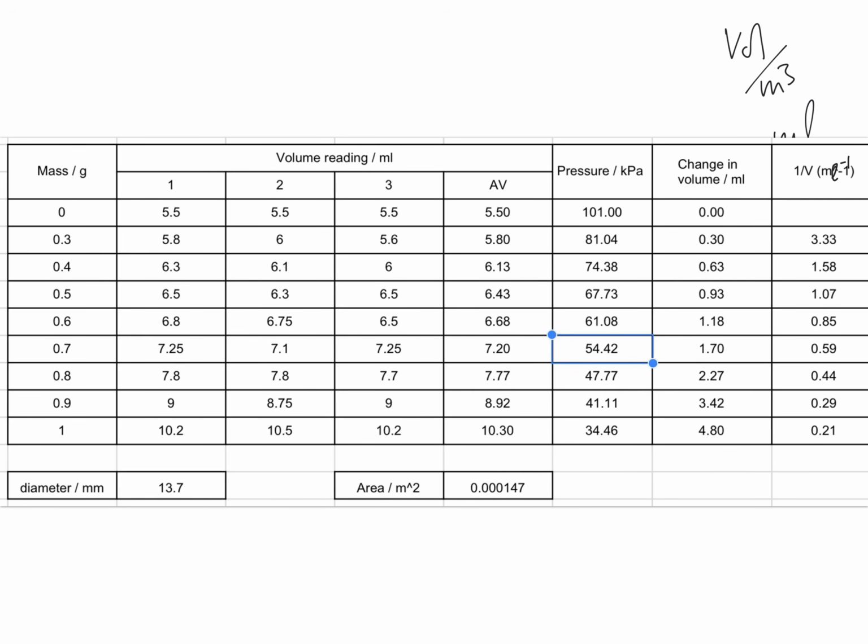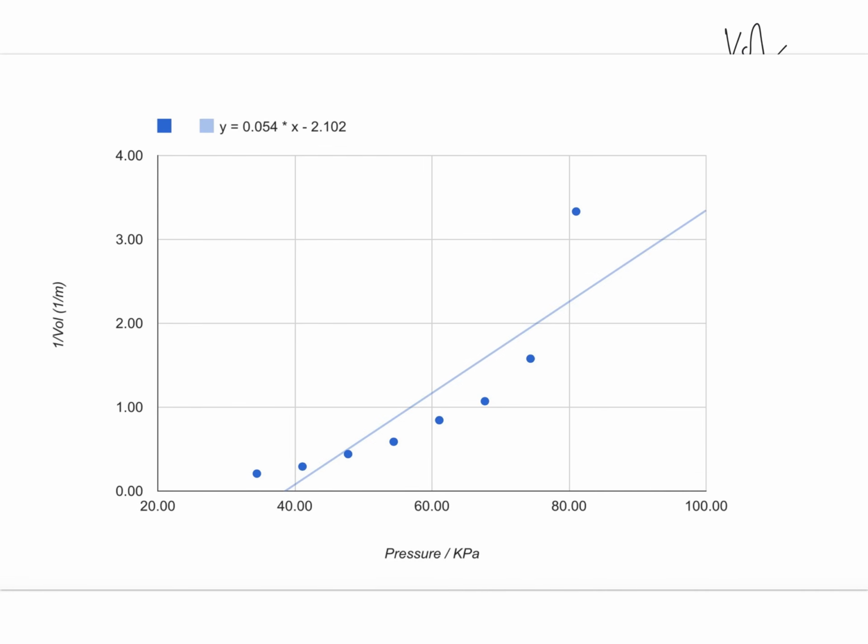Okay, now what did that show us? Let's see if I can get a picture of the graph. There is the graph that I discovered. Now you can see we're way out here.